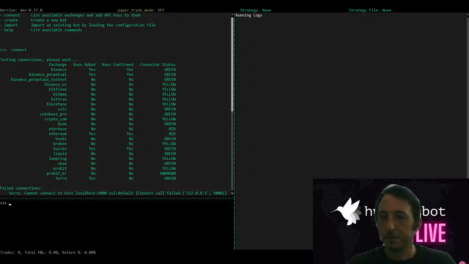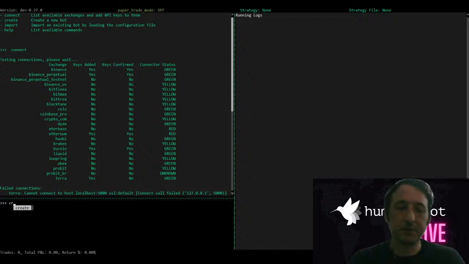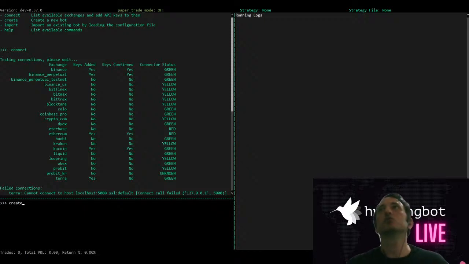A question: how do you manage the order book slippage problem for the premiums? Well, I'll show it as I create the strategy. We have an option where you pick the max slippage at which your orders on spot will execute.